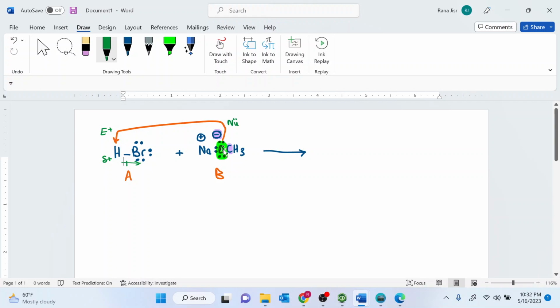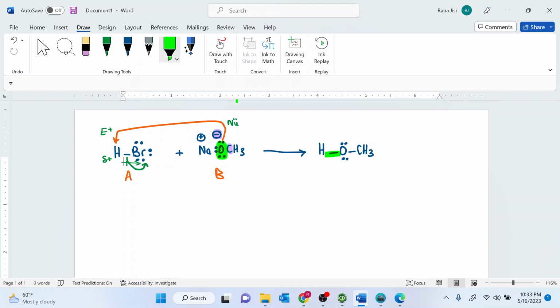In this case, every time you make a bond, and I'm making a bond between the oxygen and the hydrogen, you have to break a bond. So I'm going to break the bond between the bromine and the hydrogen, and I'm going to add the electrons to the bromine. So in my product, I made a bond between the hydrogen and the oxygen next to the CH3. This is the new bond that I made.